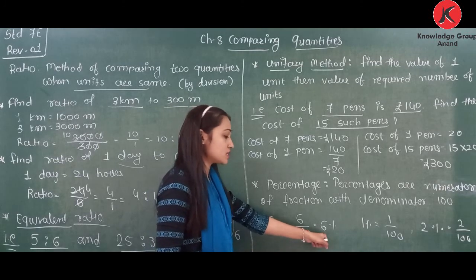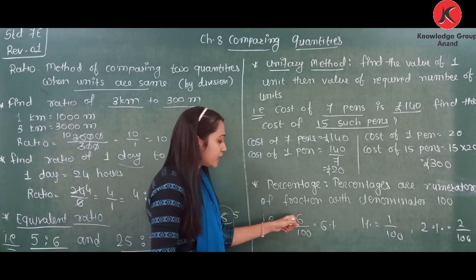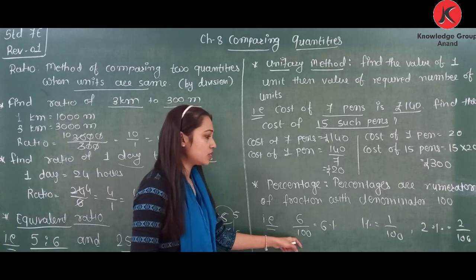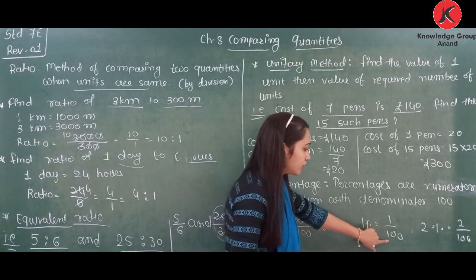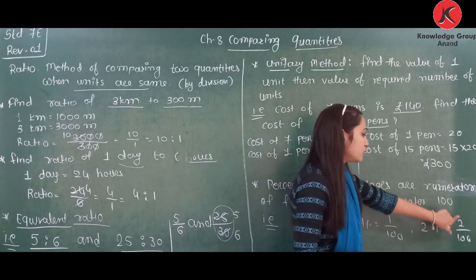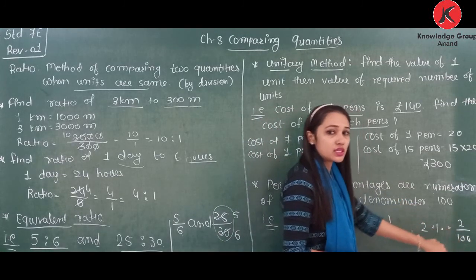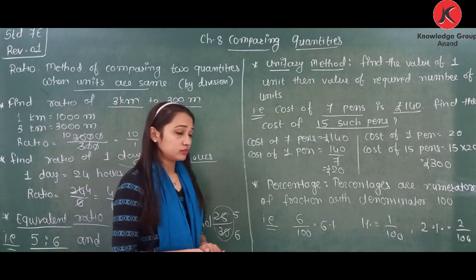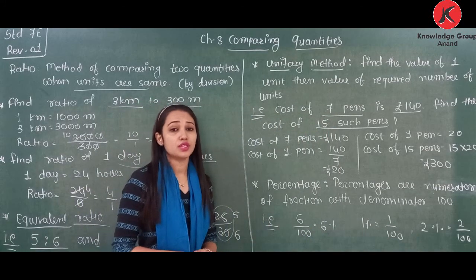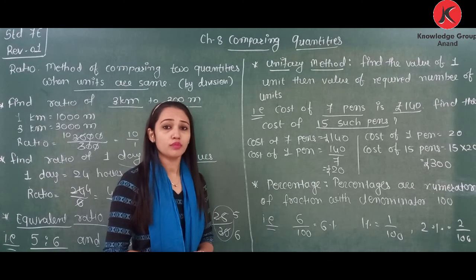That's why it is written as 6%. So if 1% is given, you can write 1 by 100. If 2% is given, you can write 2 by 100. It is a numerator of a fraction with denominator 100.